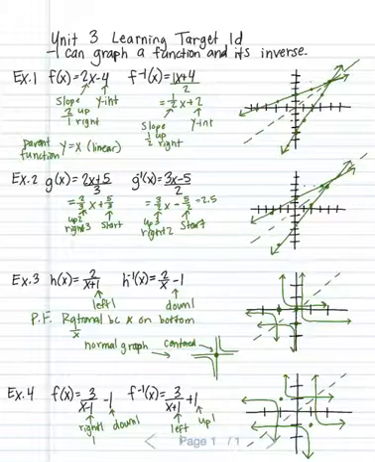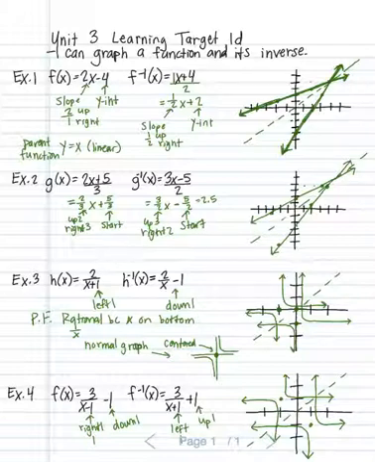If we could physically pick up these top two pieces that are above that line, if we could flip them over that line, then we're going to get these two pieces.